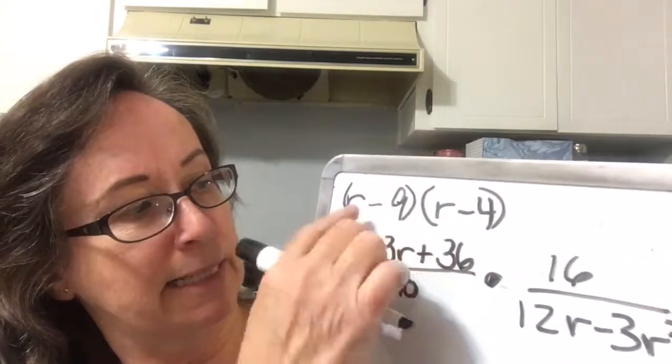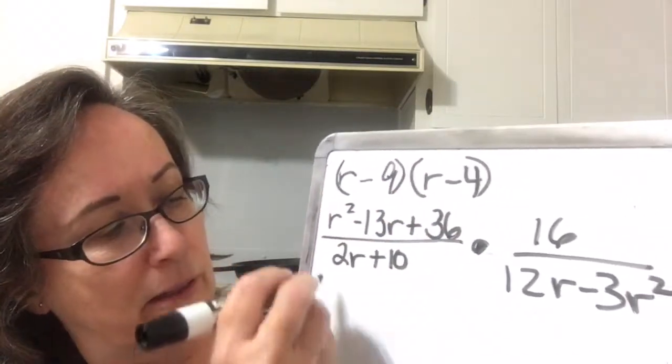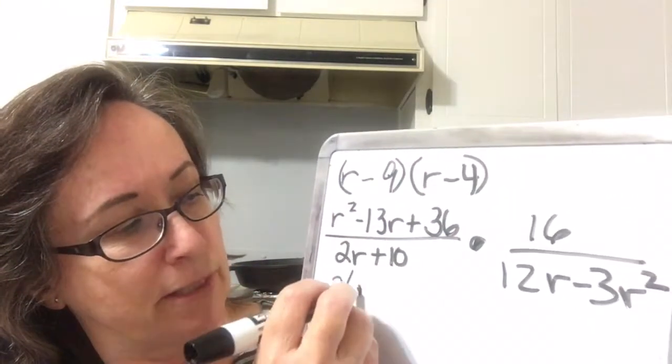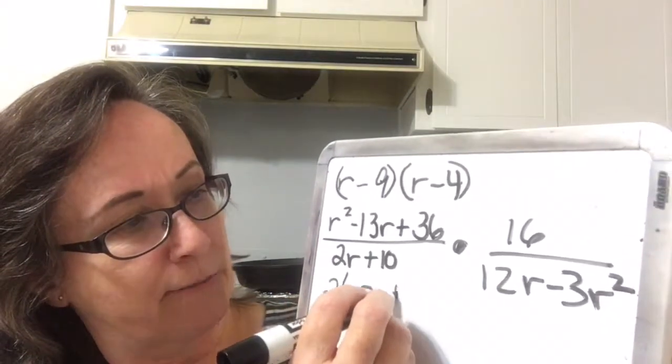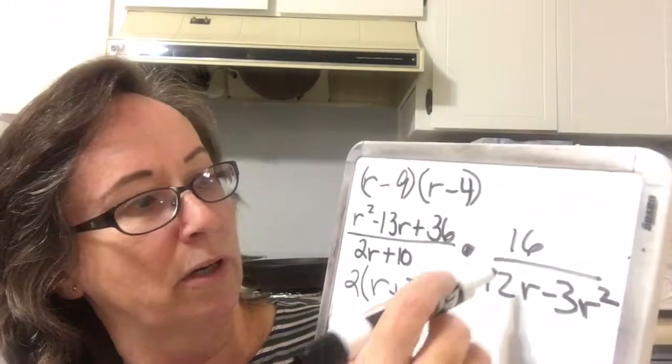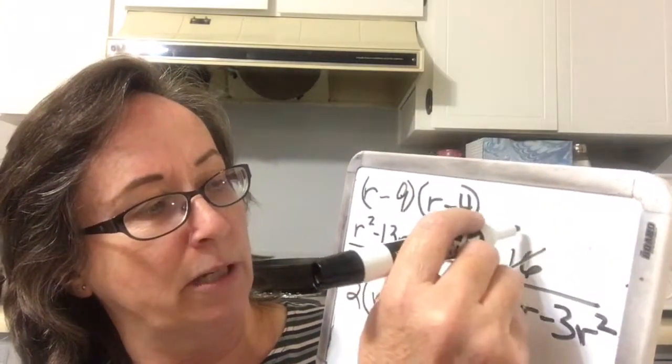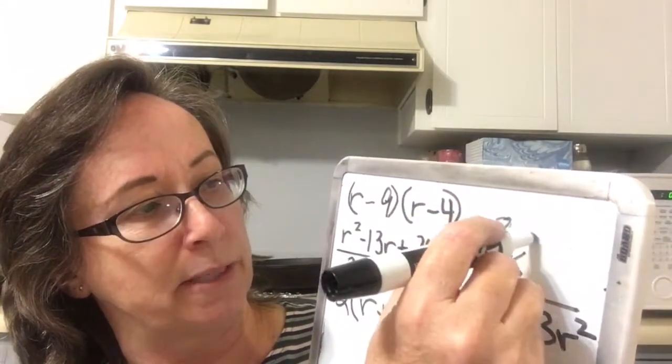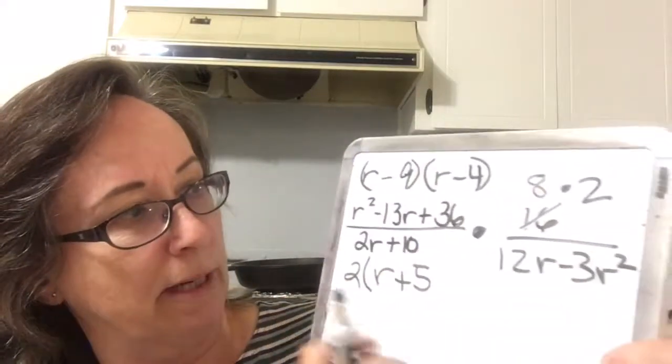And that does give me a negative 13 in the middle. 2 will factor out of the denominator, leaving an R plus 5. The numerator is 16, which can cancel with the 2 here, so we'll just write it 8 times 2, because we see a 2 down here.